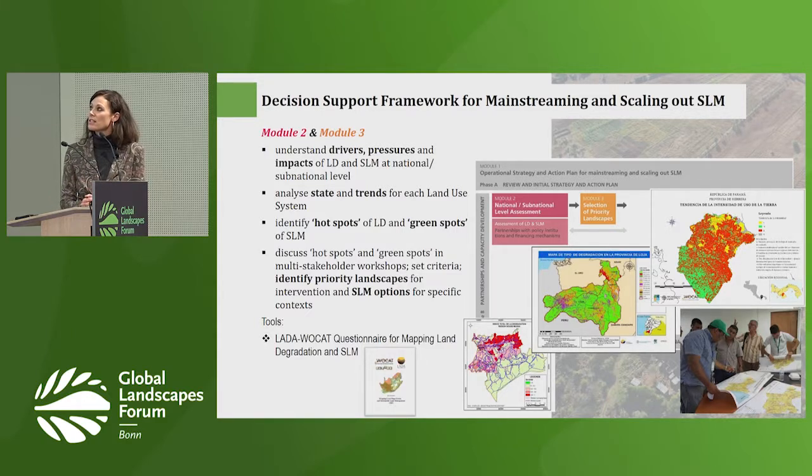So where is the situation really bad, but where do we also have promising solutions? And then in a multi-stakeholder process, they identified priority landscapes for intervention. And down there you can always see, just for reference, the tools that have been used to do so.